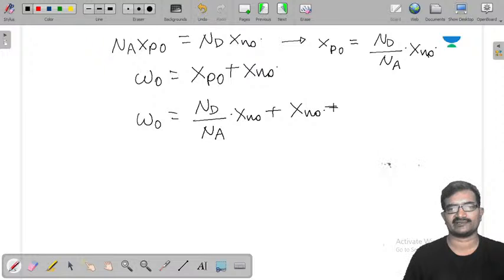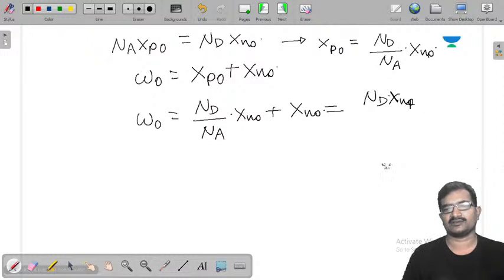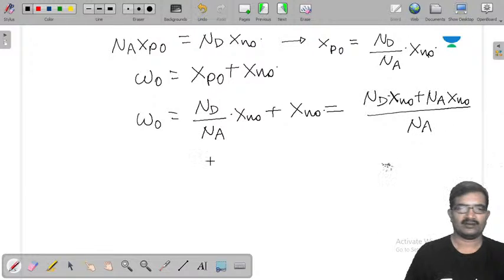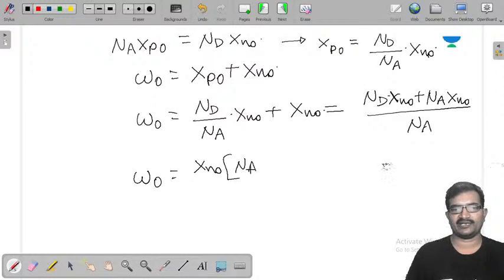Just simplify this, which is Nd into xn naught plus Na into xn naught by Na. Therefore W naught, taking xn naught common in the numerator, is xn naught into Na plus Nd by Na.